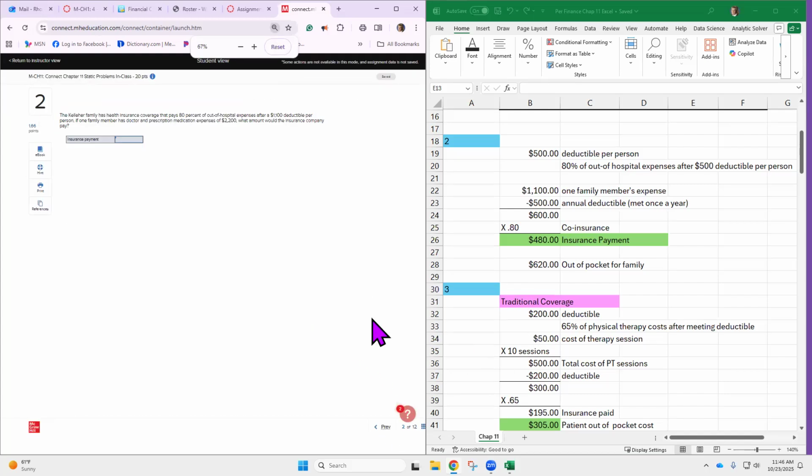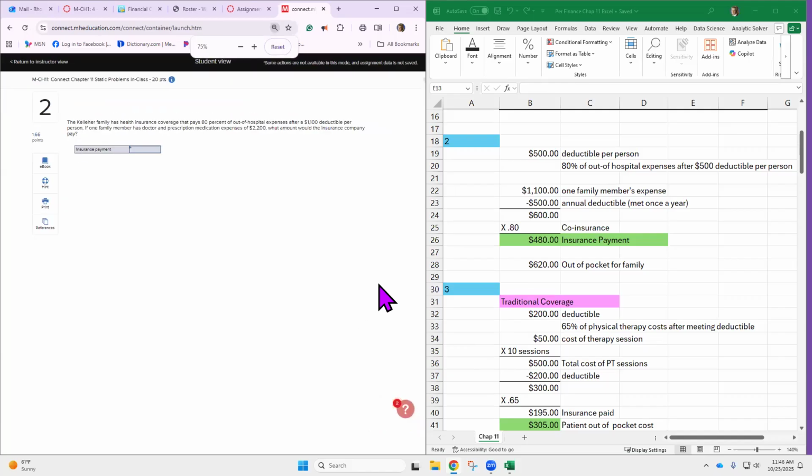Okay, number 2, let's talk about a certain policy. So the Keller family has health insurance that pays 80% of out-of-hospital expenses after a $1,100 deductible per person. If one family member has doctor and prescription medical expenses of $2,200, what amount would the insurance company pay on that claim?